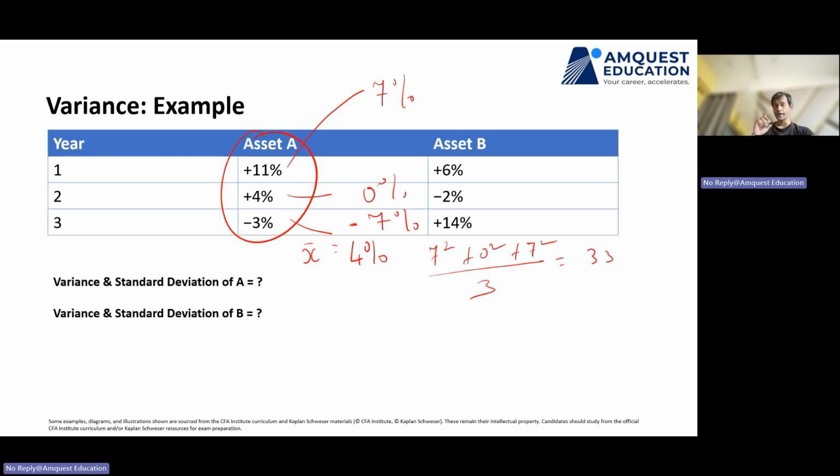And then don't forget, because you squared it, this square is normally called the variance. But if I want the standard deviation, all I need to do is take the square root. Why? Because I squared the numbers. So if I squared, I also have to take the square root. The square root is called standard deviation.